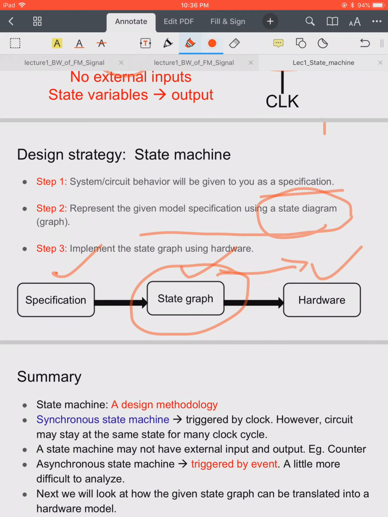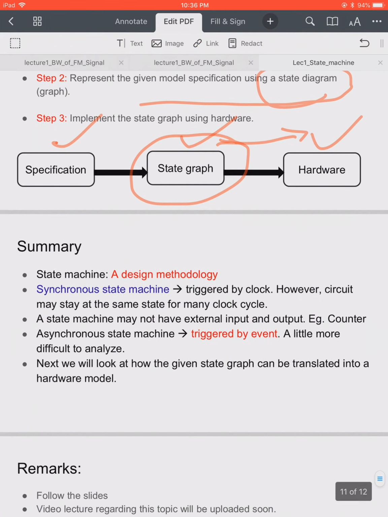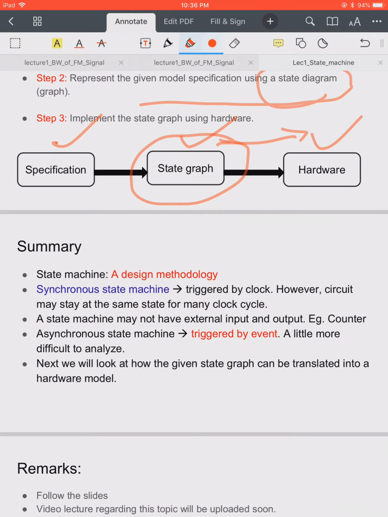So let's take a summary of what we have discussed today. State machine is a new viewpoint, a new way of analyzing and designing a system.